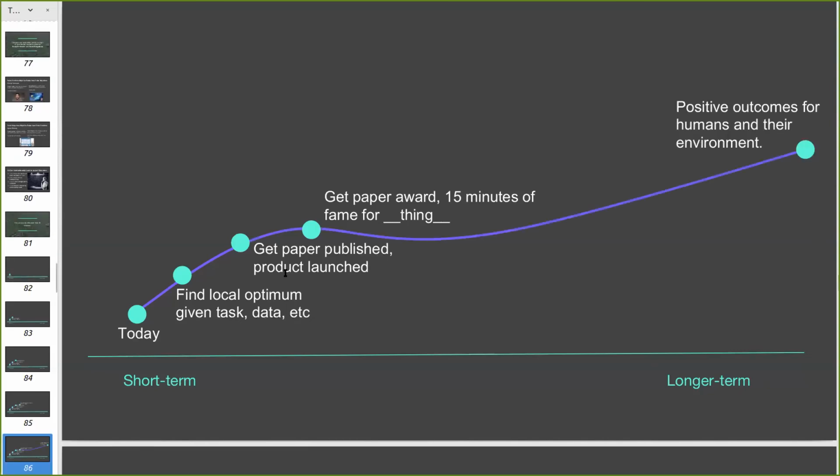But the end goal of all this, if you are working in this field, should be to produce positive outcomes for humans and our environment. To think of something like this, not all the people who are working on ML and deep learning think that okay, I'm building something to make the world better.